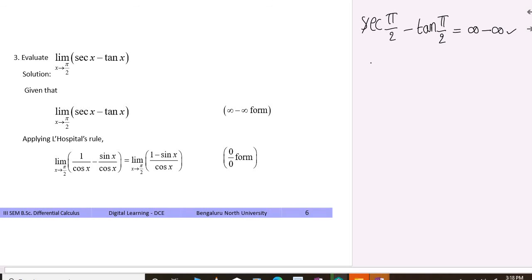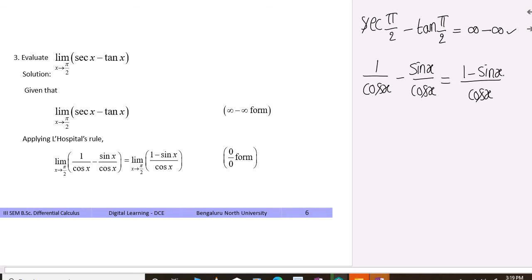Before going to apply L'Hopital's rule, I am writing secant as 1 by cos x and tan x as sin x by cos x. Here denominators are the same. Take LCM. Then we are going to get 1 minus sin x by cos x.